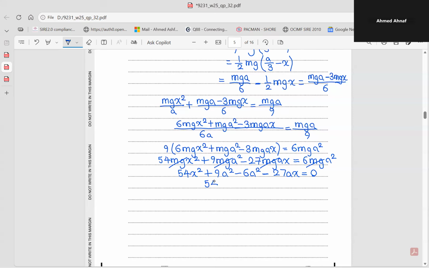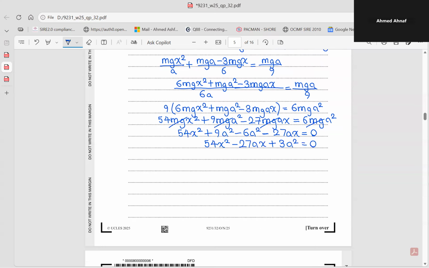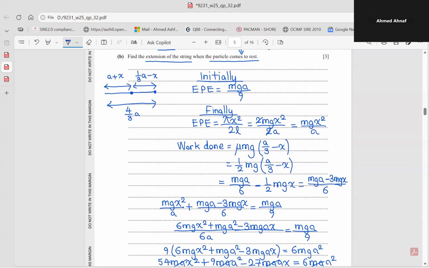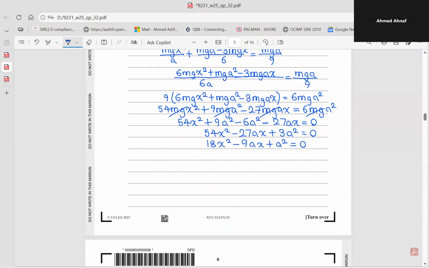So you'll get 54x squared minus 27ax plus 3a squared equals 0. So we divide all these by 3. 54 divided by 3, you'll get 18x squared minus 9ax plus a squared equals 0. Okay, so now we can solve for x. To solve for x, we can just use the quadratic formula.